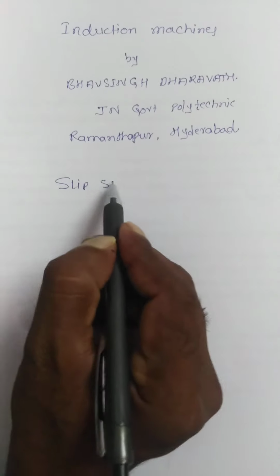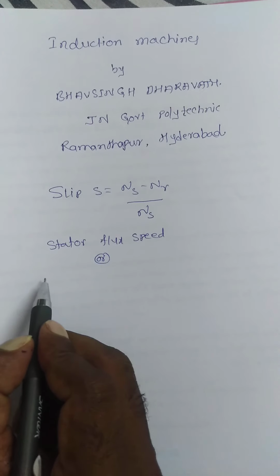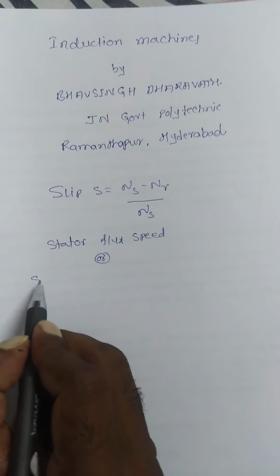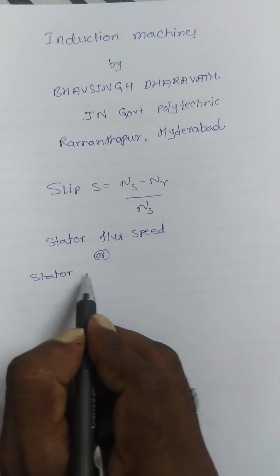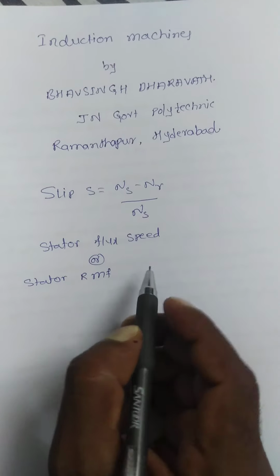Slip s equal to ns minus nr by ns. Here ns is the stator flux speed, or stator rotating magnetic field speed.